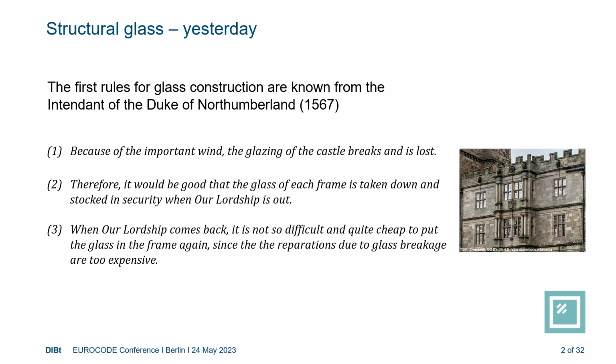Therefore, it would be good that the glass of each frame is taken down and stocked in security when our lordship is out. And when our lordship comes back, it is not so difficult and quite cheap to put the glass in the frame again, since the reparations due to the glass breakage are too expensive. This is very remarkable, because I believe this lordship is not suspected to be a poor man. It shows you that glass was very valuable and very rare.